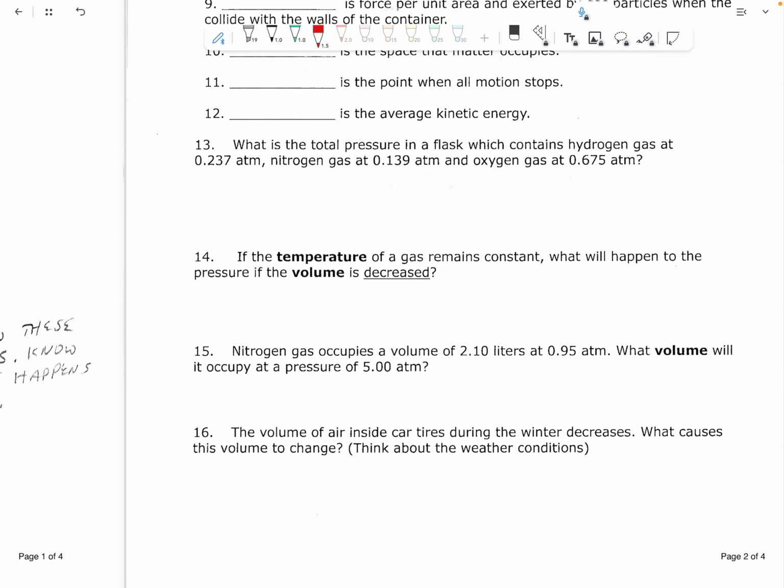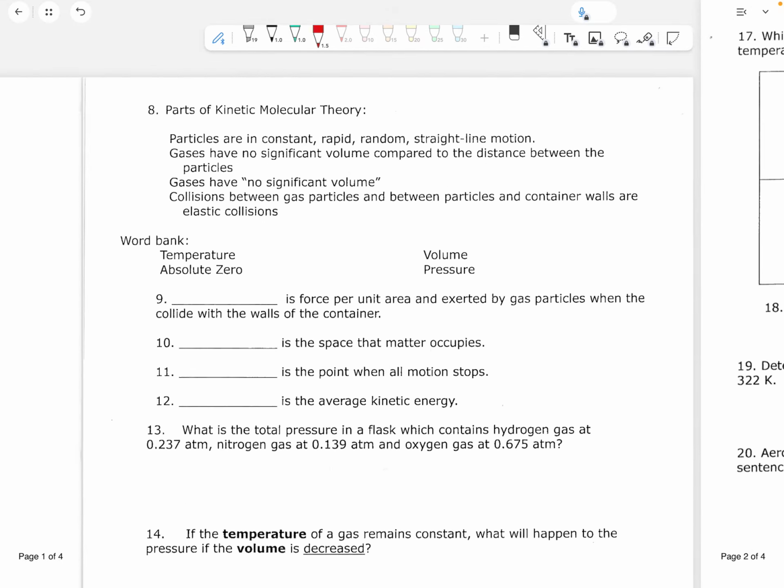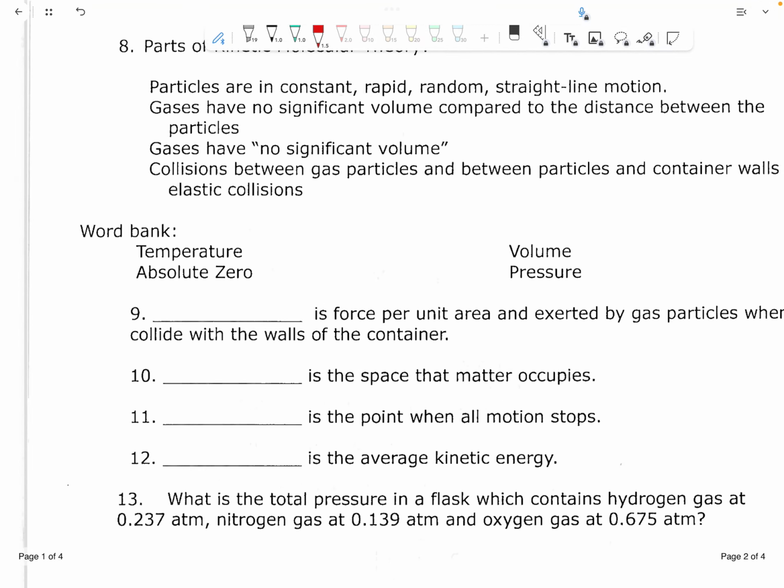Next page. Number 8. You've got to know parts of molecular theory. So you're going to have to go over these tonight. Particles are in constant, rapid, random, straight line motion, right? So gases move in straight lines. They're moving all the time. They're bouncing off the walls, you and me, in straight lines, randomly. And they don't stop.